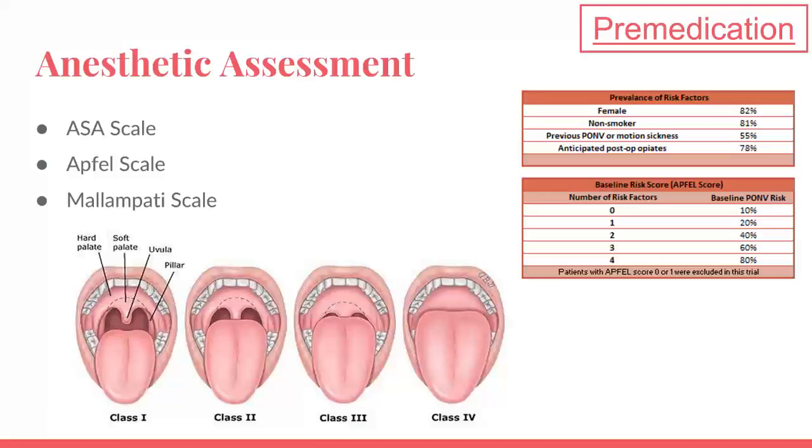Another scale used in anesthesiological assessment is the Apfel scale. On the right side of the slide, we can see risk factors for postoperative nausea and vomiting listed. This is what the scale concerns, as well as the corresponding frequency depending on the number of points from this risk.